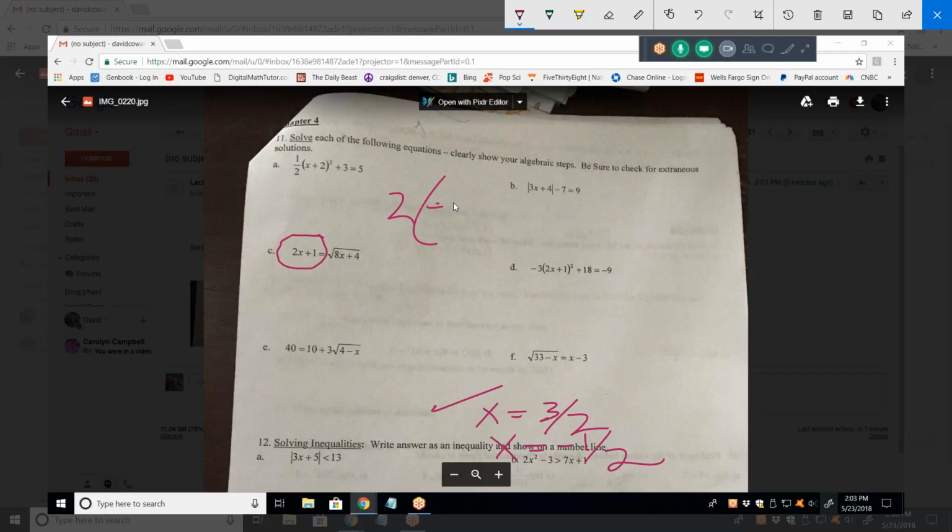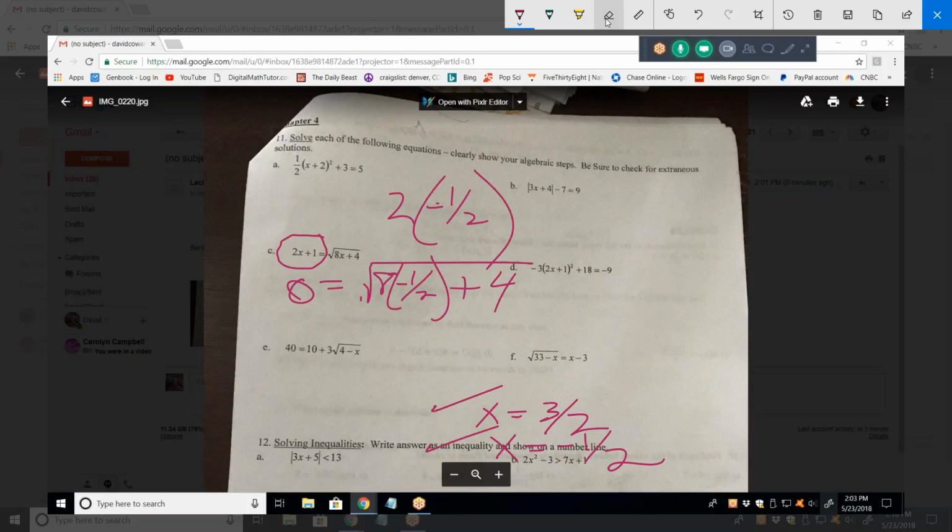What's 2 times -1/2? -1. Okay. Plus 1 becomes 0. Now the right side is 8 times -1/2 plus 4. What's 8 times -1/2? -4. Plus 4 is 0. So yeah, second one works also.